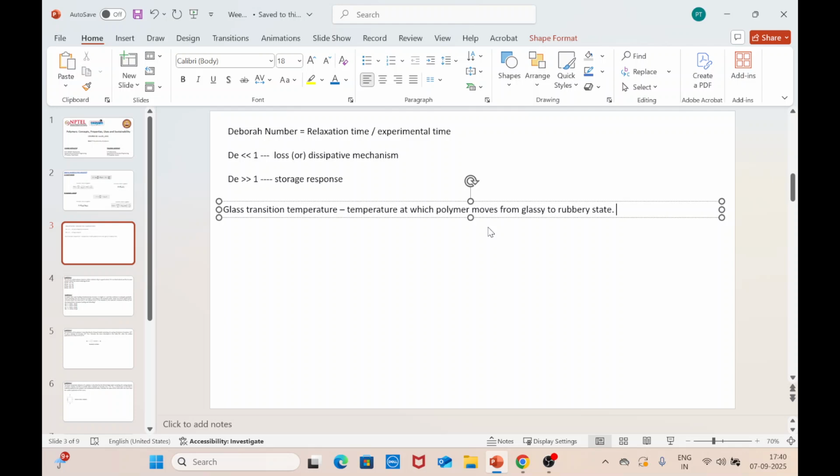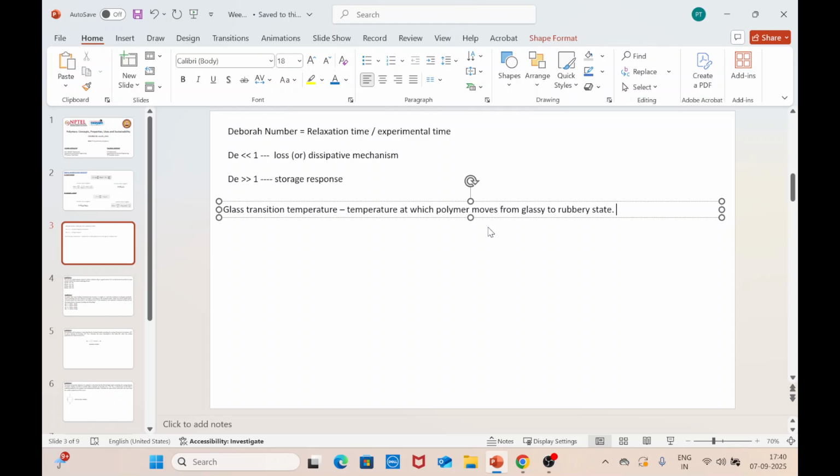So below Tg, the material will be in more of a glassy state, and above Tg, it's in the rubbery state. When the material is in the rubbery state, what it actually means is the segmental mobility will be large. Since the segmental mobility is large, the diffusion of any kind of small molecules will be enhanced.